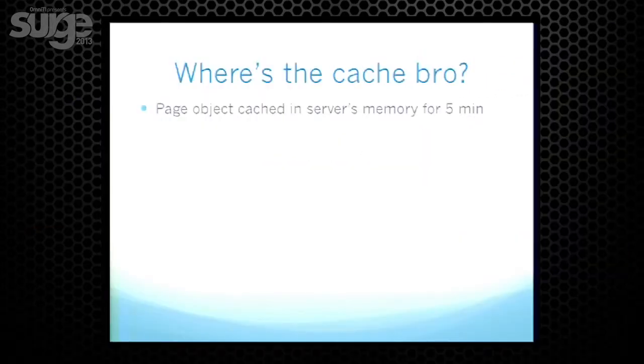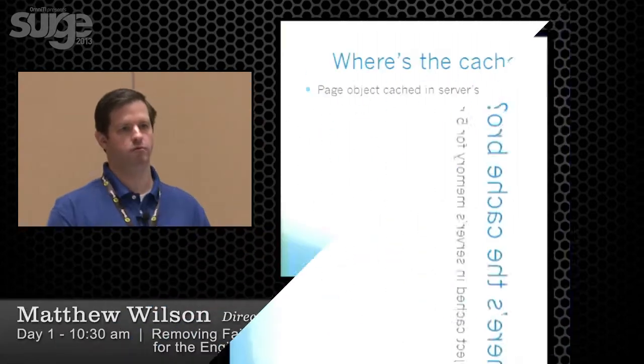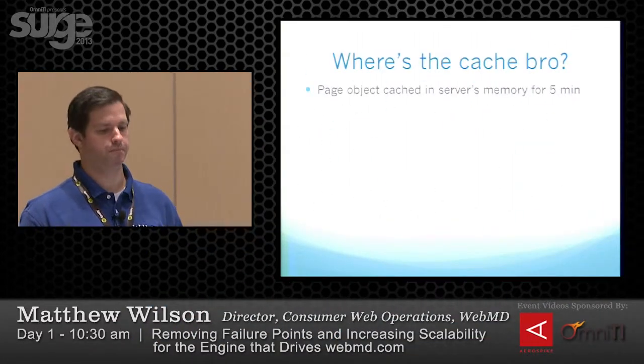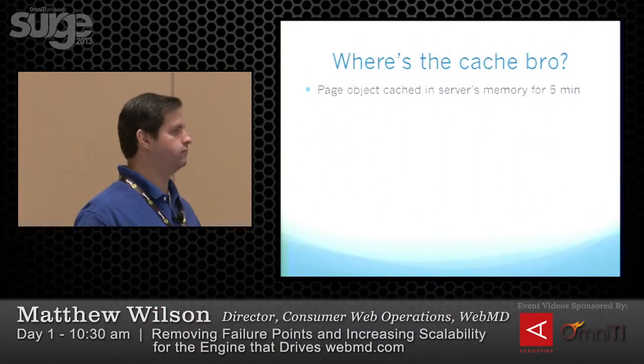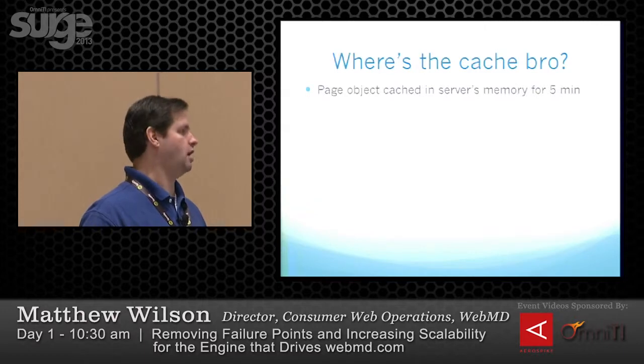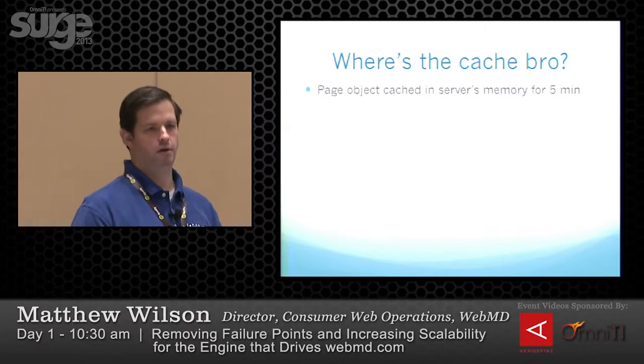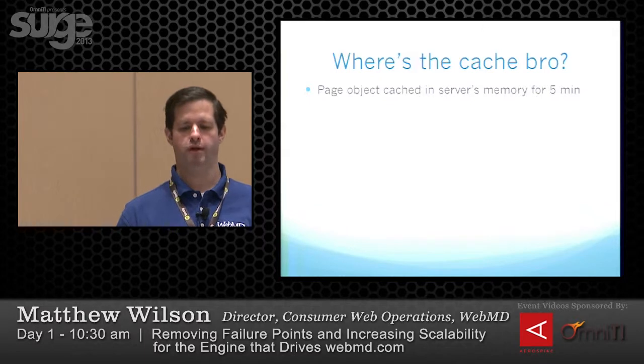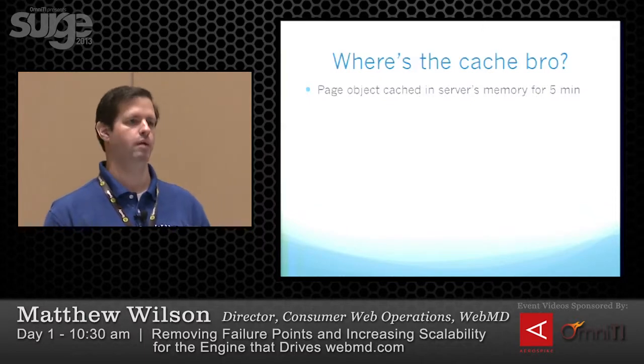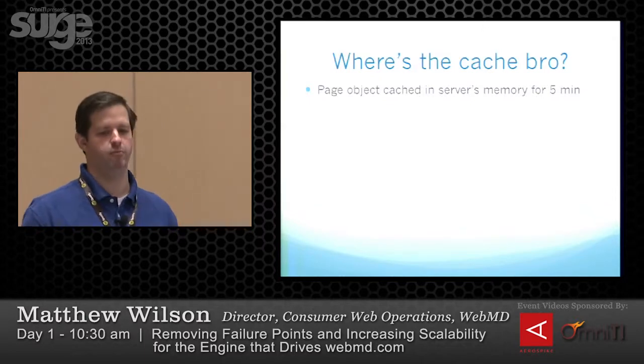So this all works great, but that process is for new pages, new requests, and we do have caching built into the system. There are two different types of caching objects. First is the page object, and the page object is nothing more than a page construct which is stored in memory, and it's stored in memory for 5 minutes.